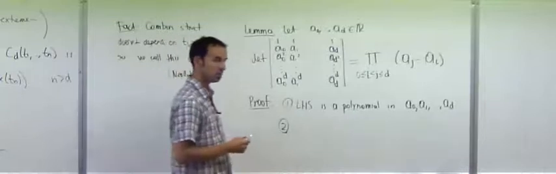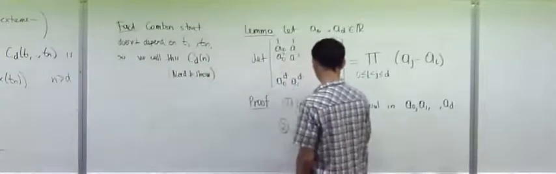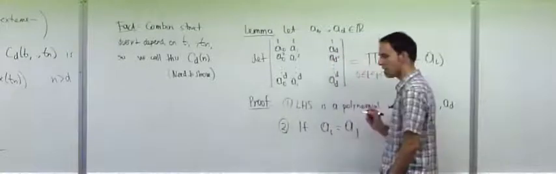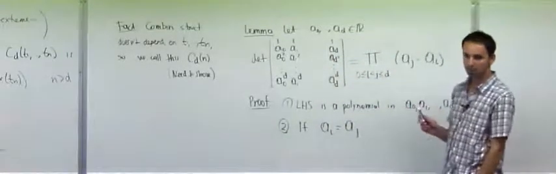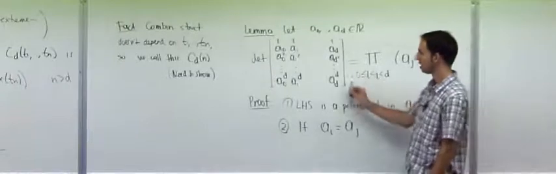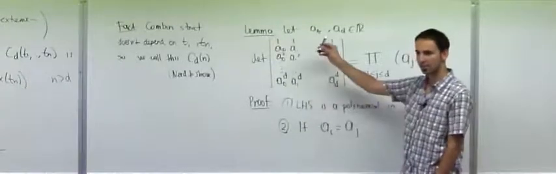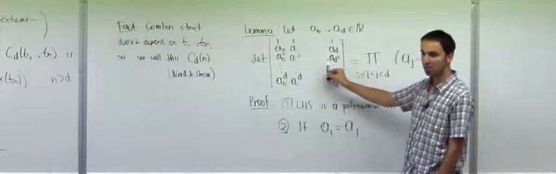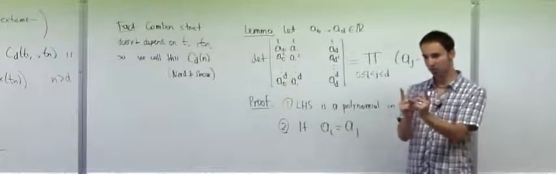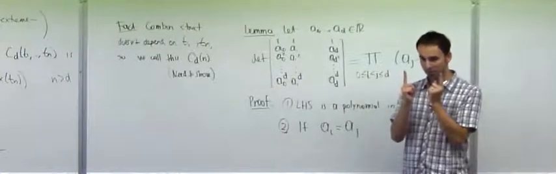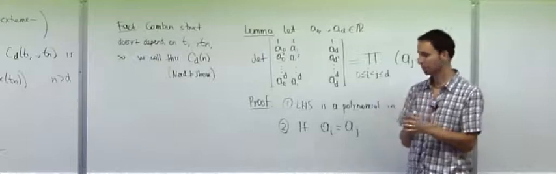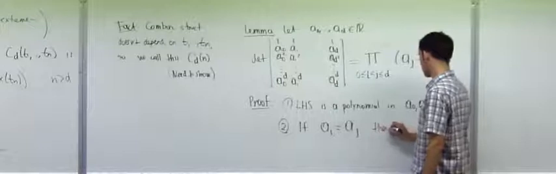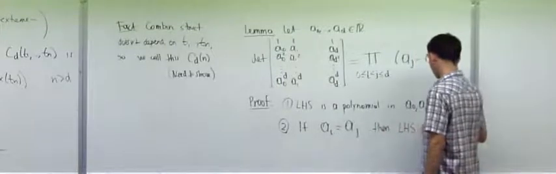Second observation. If ai is equal to aj, then the left-hand side has two columns that are equal to each other. And you know that if a matrix has two columns equal to each other, then that means that the determinant is 0 because that's a dependent set. Okay? So if ai is equal to aj, then the left-hand side is equal to 0.